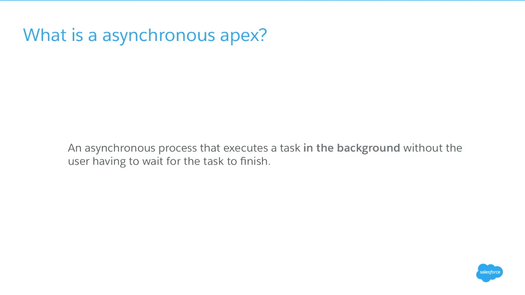So what is asynchronous Apex? It's basically code that executes in the background without the user having to wait for it to finish. So we're talking about processes that take a lot of time while running. Think about processing thousands or millions of records in your org.